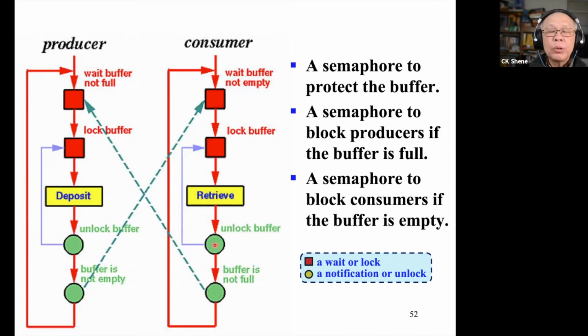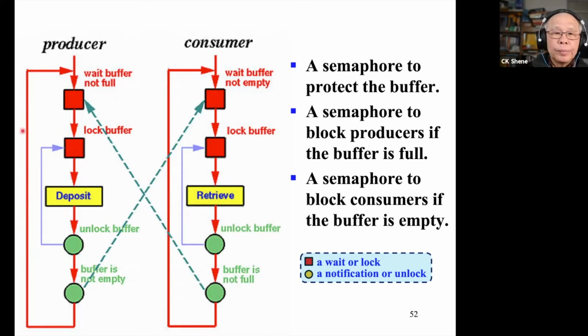It could be a producer or a consumer. Then, because the consumer has already retrieved a piece of information, the buffer is definitely not full. Therefore, the event associated with the buffer being not full happens. So the consumer notifies a possible producer there, indicating that now the buffer is not full.